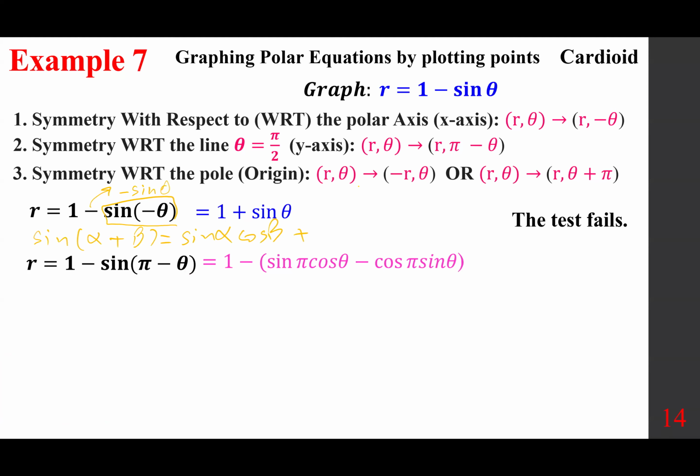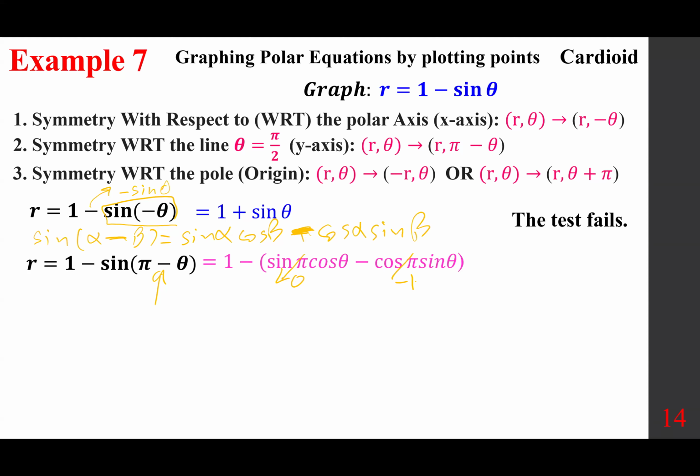Well, this is, of course, minus. So here for minus. Sine of pi is 0, as you know. Cosine of pi is negative 1.